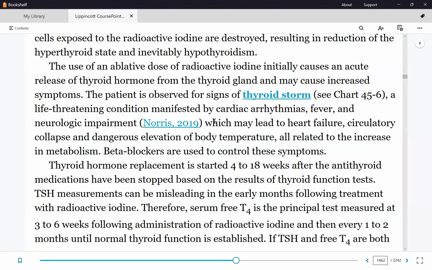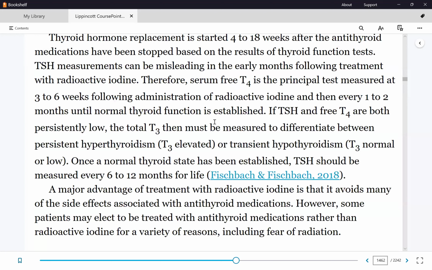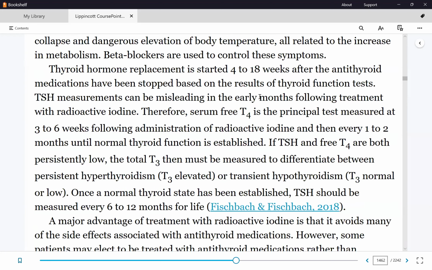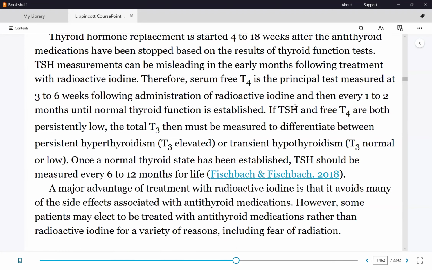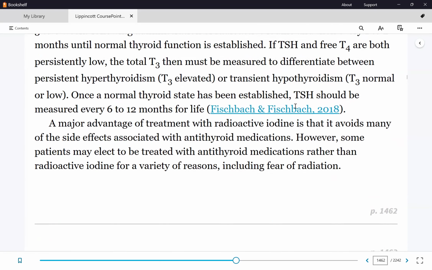Now I'll go back here under the causes of thyroid storm. So can radioactive iodine cause or trigger a thyroid storm? It is iodine. Yes or no? Yes, it will cause thyroid storm.